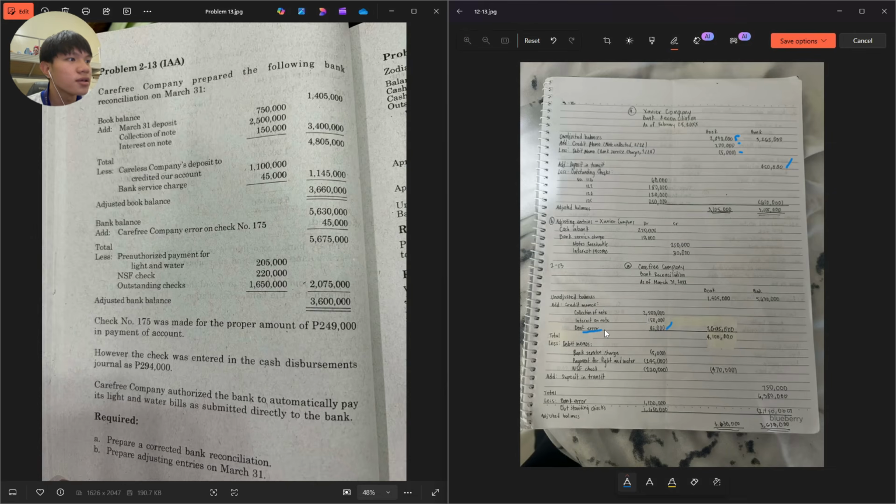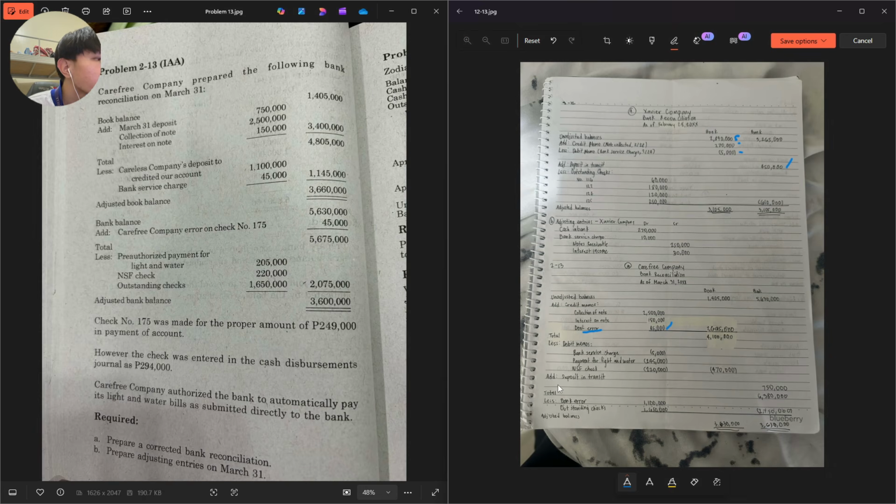Then the debit memos: bank service charge 5,000, payment for light and water 245,000, NSF check of 220,000 for a total of 470,000. Then you subtract that in order to get your adjusted book balance of 3,630,000.